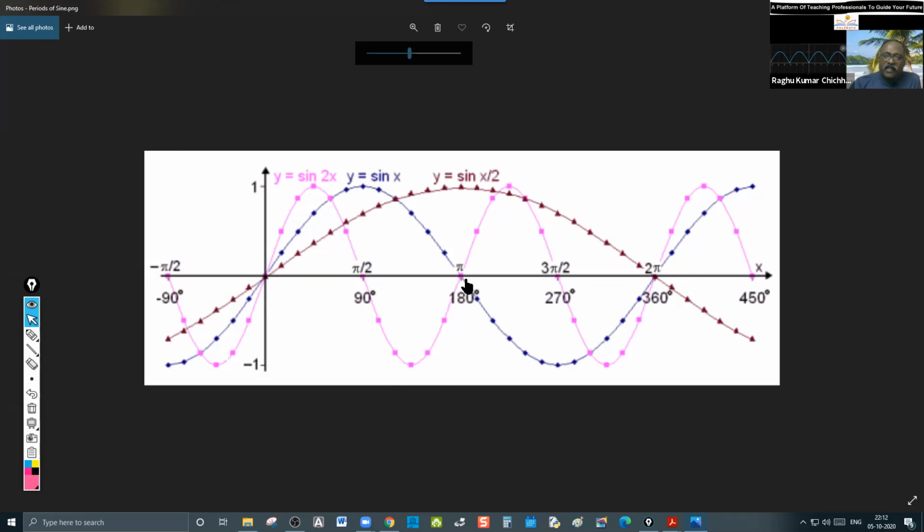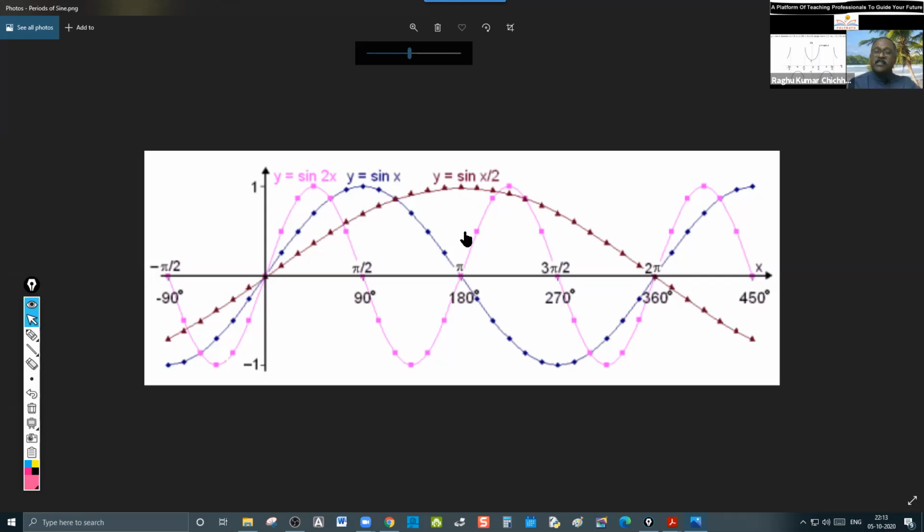So, the important thing to be noticed is that if you compare the sine x graph and sine 2x graph, the sine 2x graph will be half of the sine x graph. Remember that. Reverse, the sine x graph will be twice the sine 2x graph. Then observe sine x by 2 and tell me. Twice the sine x graph. Yes, that's what it is.